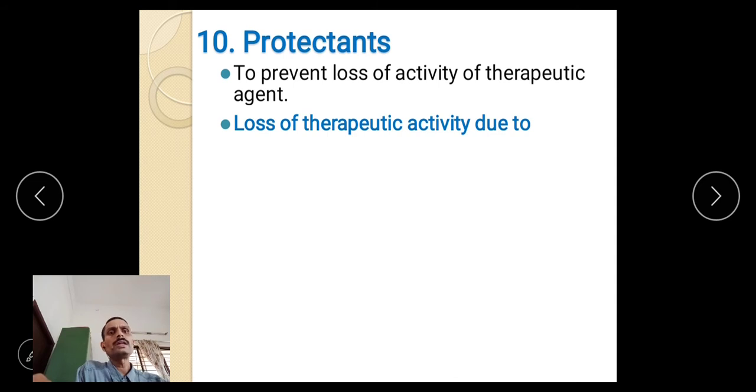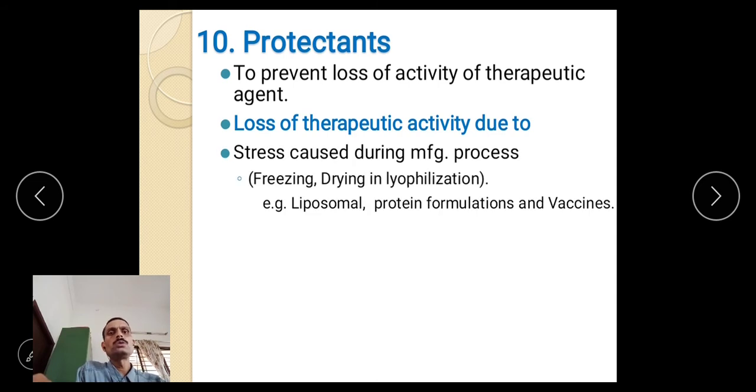Loss of therapeutic activity may be due to stress caused during the manufacturing process, like freezing and drying in lyophilization, mainly in the case of protein drugs like liposomes, even protein formulations and vaccines.